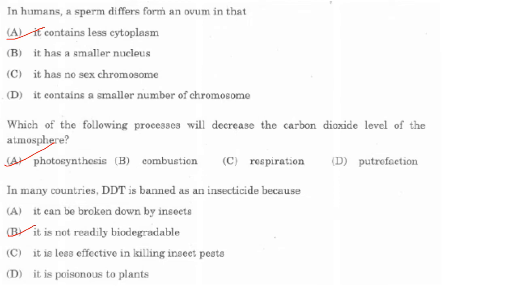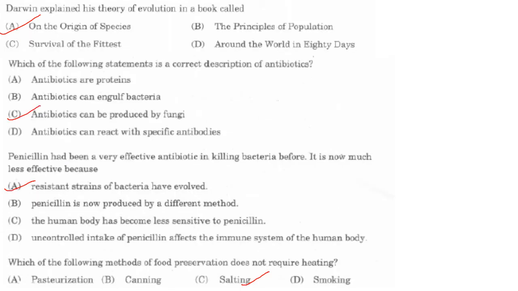Then in many countries, DDT is banned as an insecticide because it is not readily biodegradable. Answer is option B. Darwin explained his theory of evolution in a book called On the Origin of Species. Answer is option A. Which of the following statements is a correct description of antibiotics? Antibiotics are proteins?